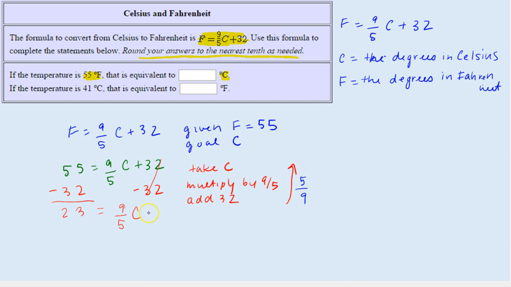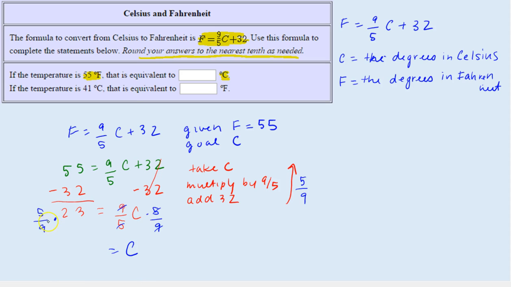So since there's more room, I'm going to write this over here. 5/9 and 5/9 on both sides. Okay? And since order doesn't matter in multiplication, I could write it on either side and it's fine. So now here, the 5's cancel, the 9's cancel, we're just left with C, and that's why we chose 5/9.